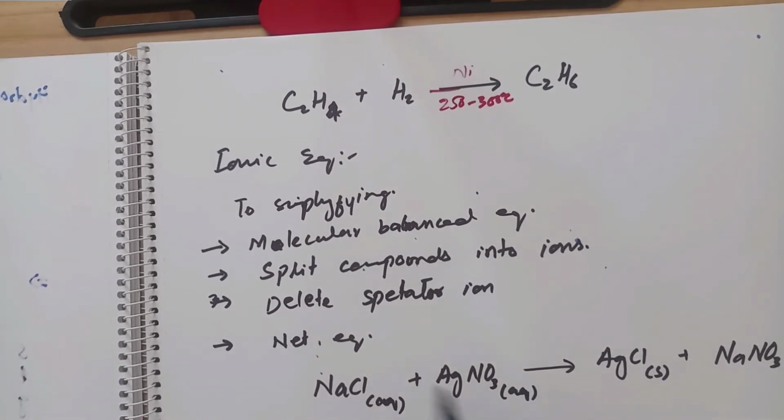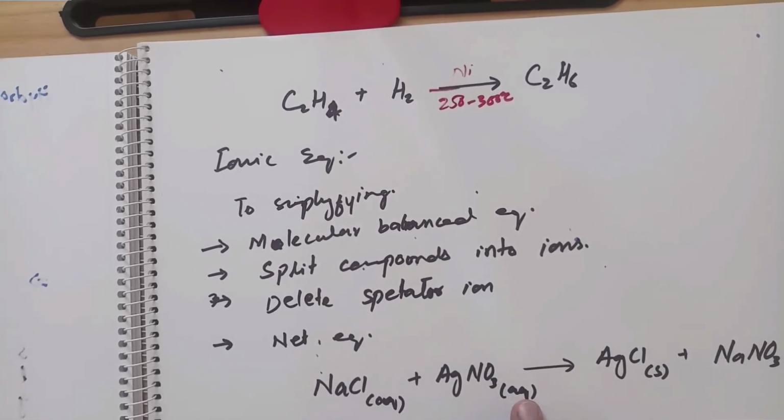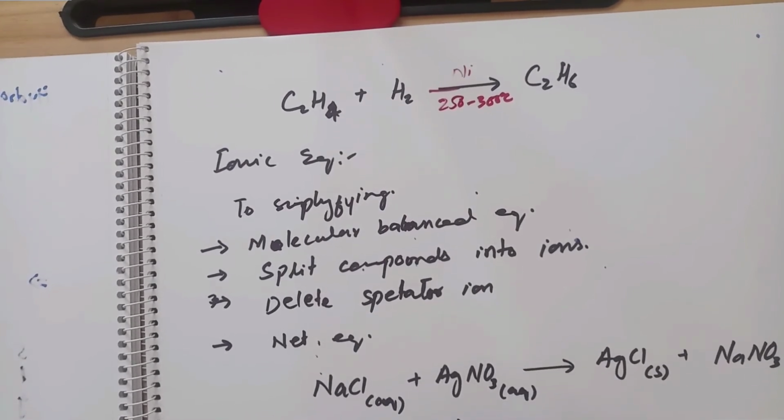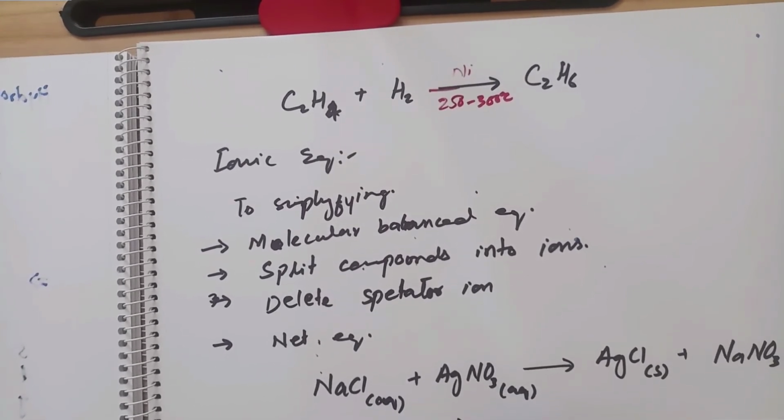So the second step is to split the compounds into their ions. Sodium chloride will split into Na plus and Cl minus, and they are in aqueous solution, so I will write the aqueous here. Is it clear? Same for the silver nitrate: aqueous solution, nitrate, NO3, aqueous solution.